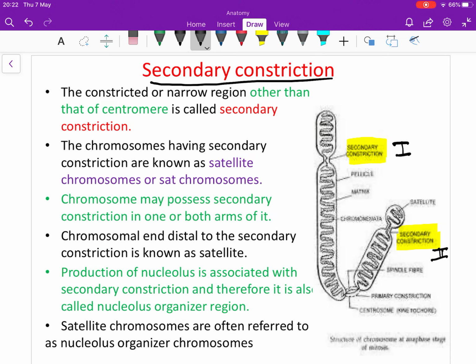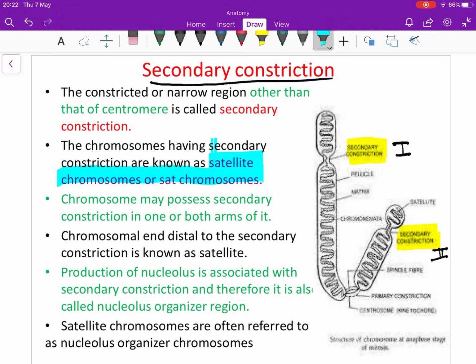Now, the chromosomes having secondary constriction are known as satellite chromosomes, or in short SAT chromosomes. SAT chromosome means the chromosome having satellite.